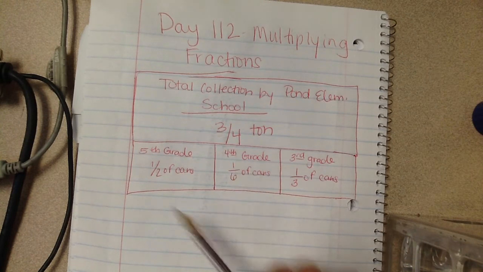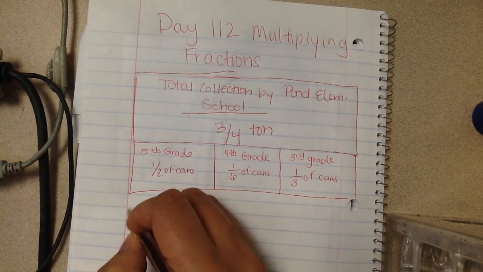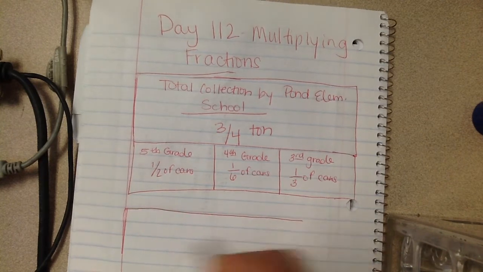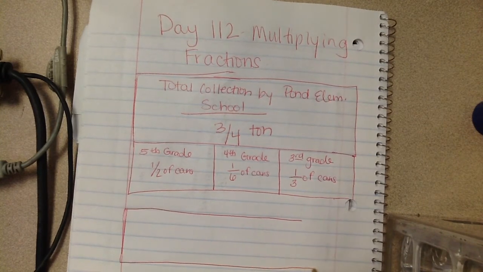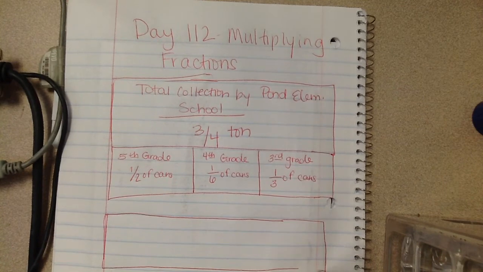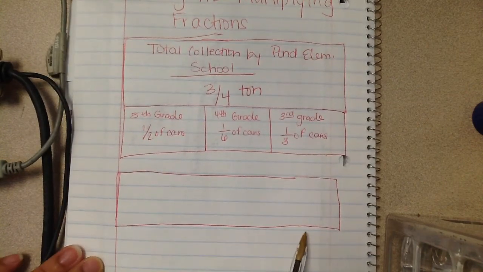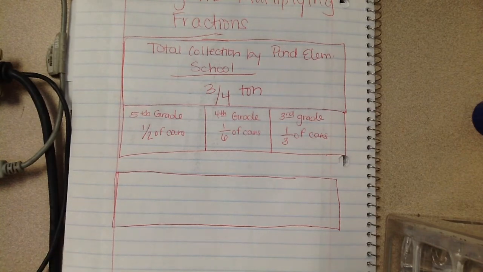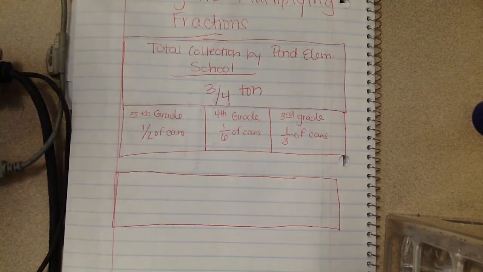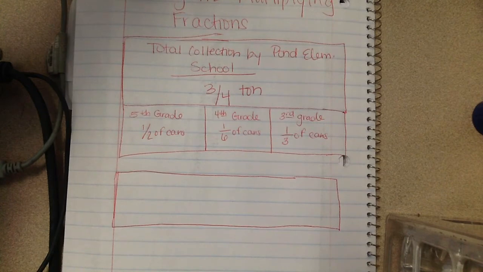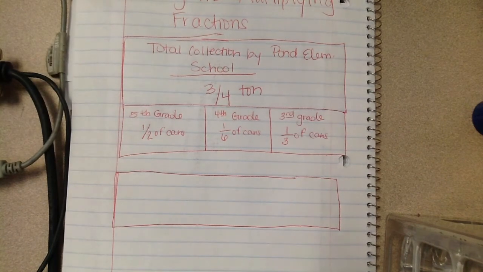So if I look at a fraction bar here, if this bar were to represent an entire ton, that means at Pond Elementary they were actually able to collect 3/4 of that entire ton.